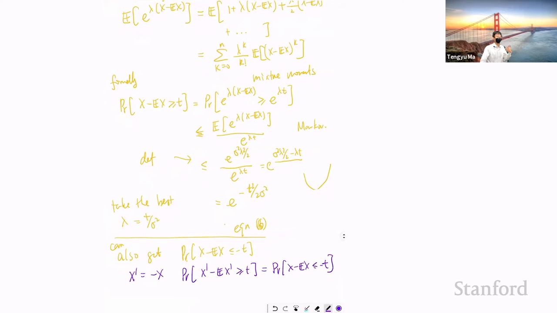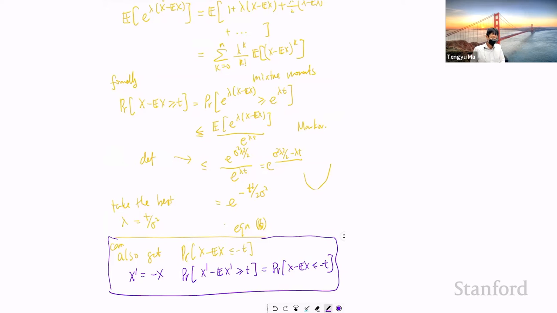Then you apply what we have already got on x prime, and that implies the other side of the bound for x. But this is not super important, the two sides are basically the same for our purpose.